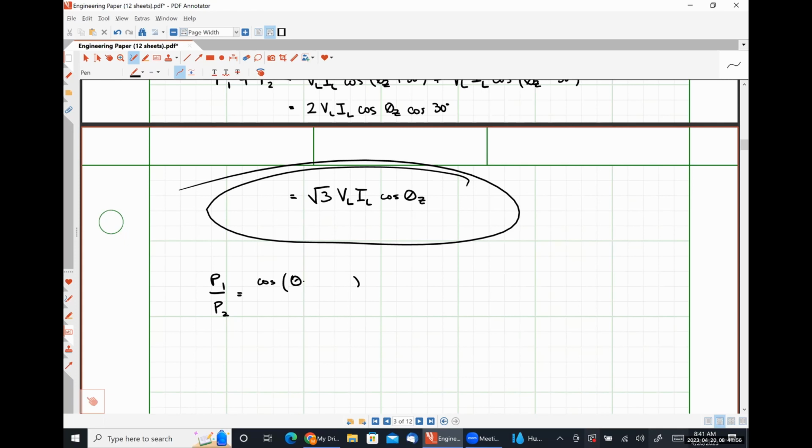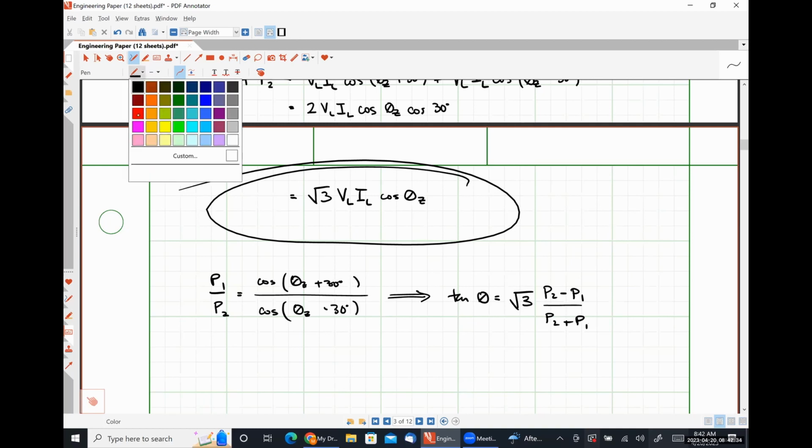Theta z plus 30 degrees divided by the cosine of theta z minus 30 degrees. And manipulating this, we could find that the tangent of theta is equal to the square root of 3 times (P2 minus P1) over (P2 plus P1).